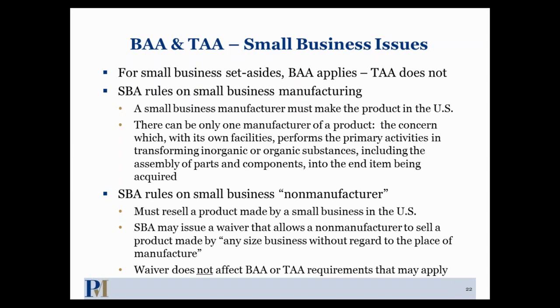So one does not necessarily waive the other. And just like with the class determinations of non-availability for BAA, the SBA has a list that you can find online of the existing class waivers of the non-manufacturer rule.